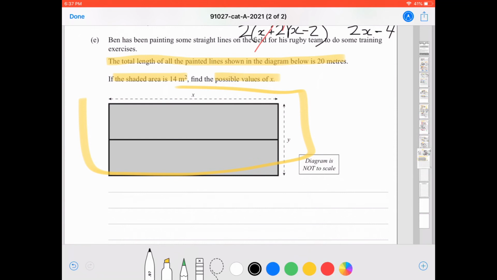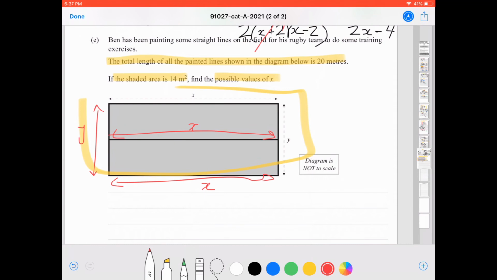Okay, so the first thing we can do is draw in some more length. So this length is x, so is this length, and this is y. And what are they asking us here?